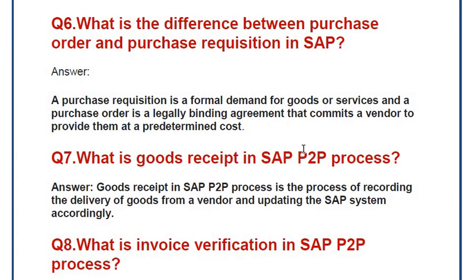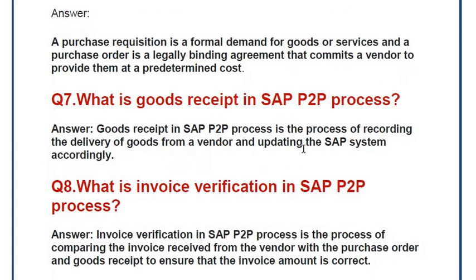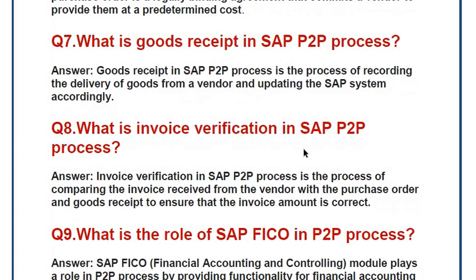What is goods receipt in the SAP P2P process? Goods receipt in the SAP P2P process is the process of recording the delivery of goods from a vendor and updating the SAP system accordingly. What is invoice verification in the SAP P2P process? Invoice verification in the SAP P2P process is the process of comparing the invoice received from the vendor with the purchase order and goods receipt to ensure that the invoice amount is correct.